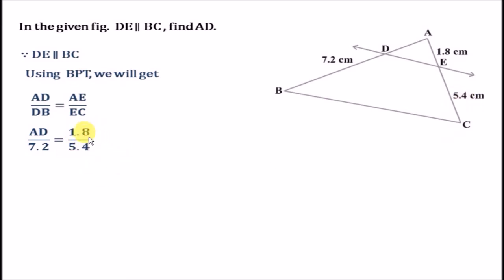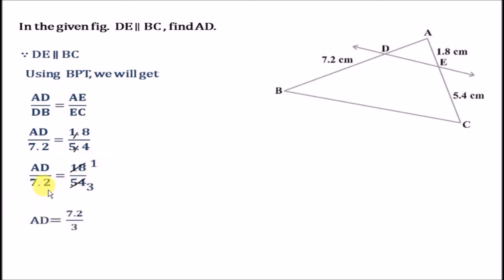On the right hand side, we have one digit after the decimal place, so we can cancel out the decimal. Now we have AD by 7.2 equals 18 by 54. 18 ones are 18, 18 threes are 54. So we got AD by 7.2 equals 1 by 3. Now we will take 7.2 towards the right hand side.